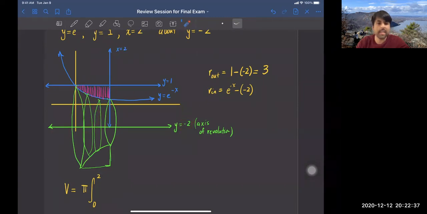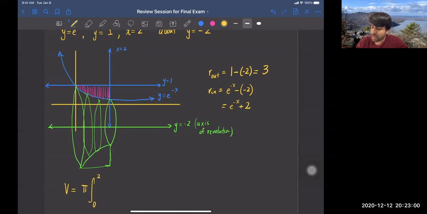Not -2. The distance is 2 from the x-axis, and then you add on a little bit more on the y value, which is e to the -x. So that's why I get e to the -x plus 2. If you understand this, then you understand any of these kinds of problems.